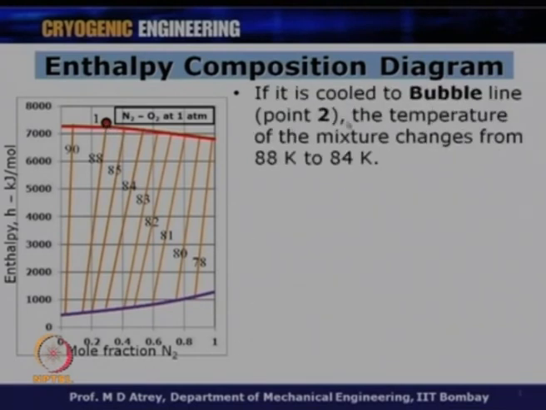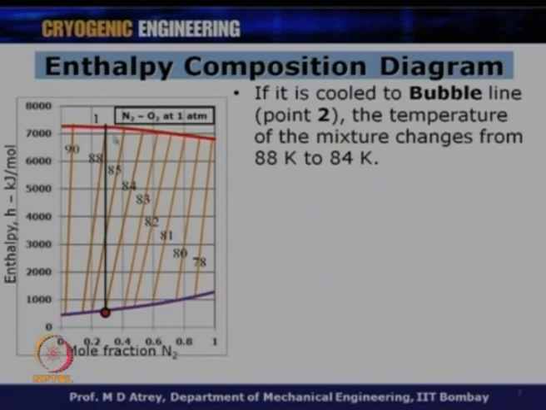If it is cooled to the bubble line, that is point 2. When the phase transformation happens, point 1 will come to point 2 because the molar fraction has to remain the same. Whatever happens, the mixture molar composition remains the same. But what was the temperature of the mixture at point 1? It is around 88 Kelvin.